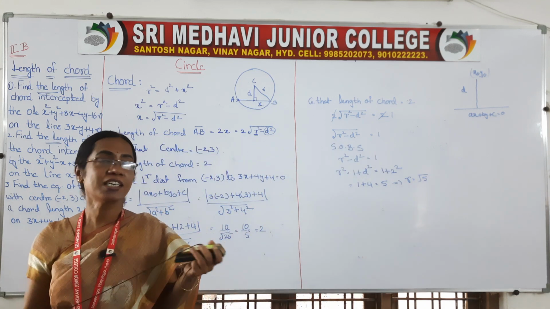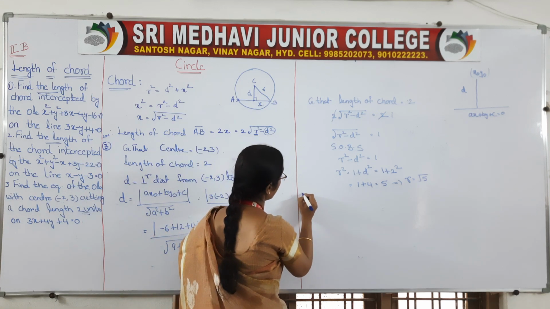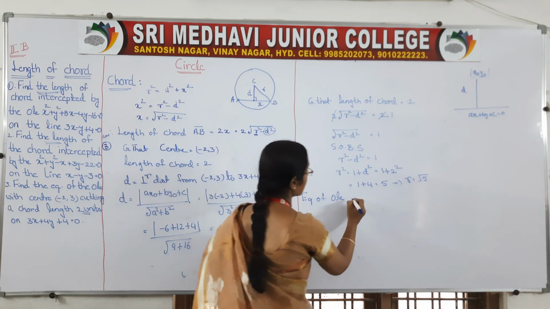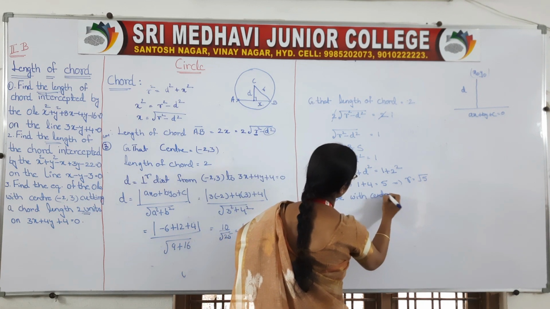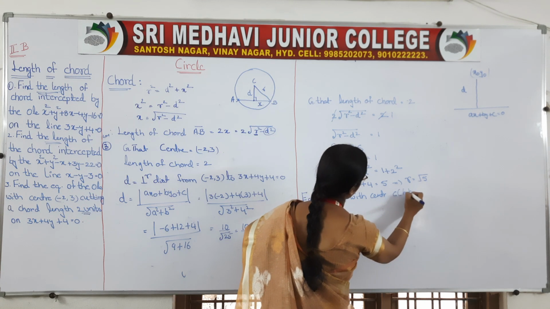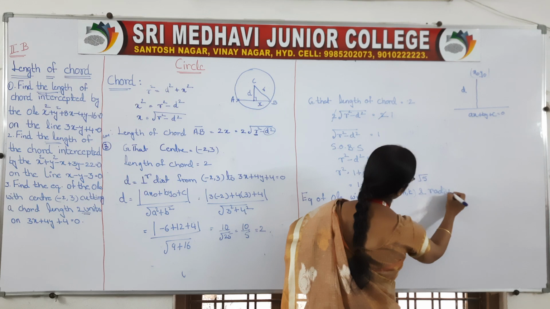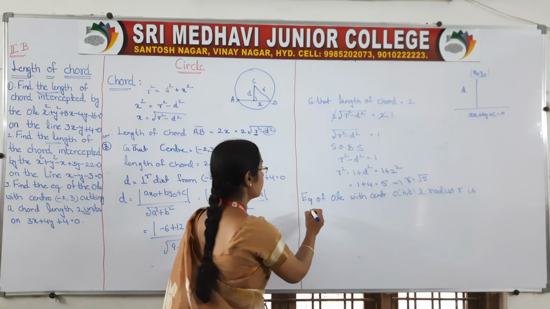Once we have the center and radius, we can easily write the circle equation. So the equation of a circle with center (h, k) and radius r is, what is the formula?